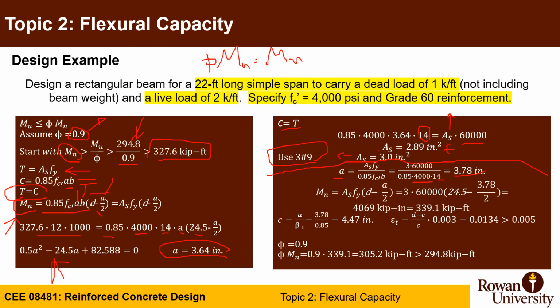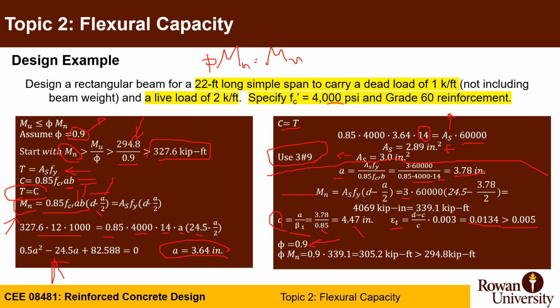You can actually calculate C here by dividing A by beta 1. In this case, F prime C is 4,000 psi, so beta 1 is 0.85, as you know, so C is 4.47. You can get epsilon T, the strain in reinforcement, as D minus C divided by C times 0.003. This gives you a strain of 0.0134, which is way more than 0.005. Phi in this case is 0.9, and you calculate Mn as As F yield times D minus A over 2.